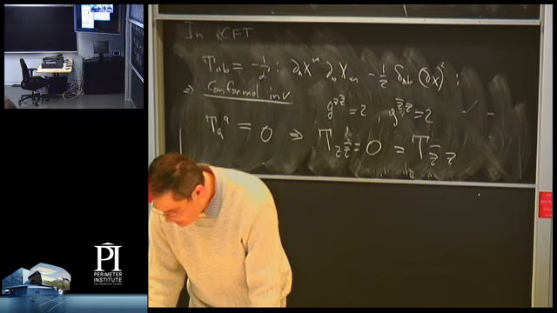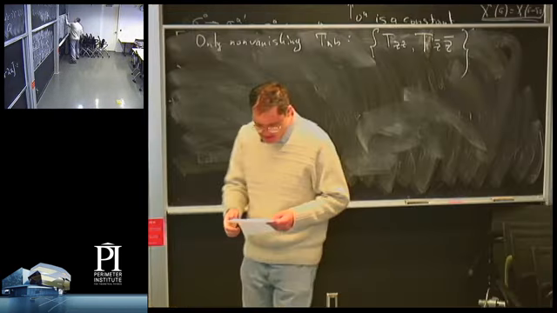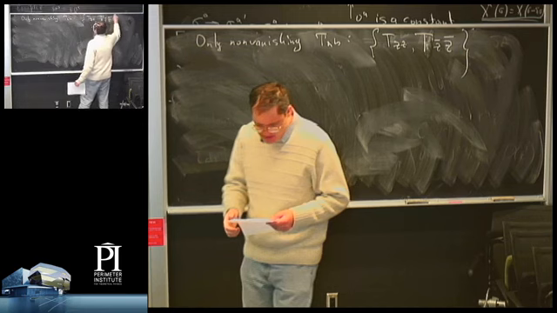So in particular, the only non-vanishing components of T_AB are T_zz and T_z̄z̄. Okay, so those are the only components.